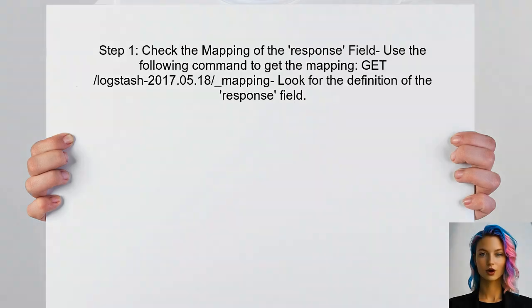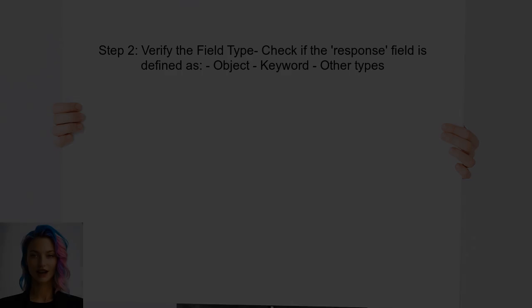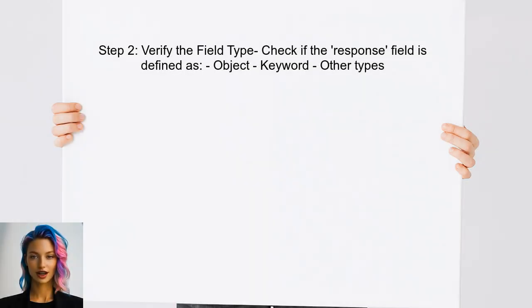To address the user's issue, we first need to check the mapping of the response field in Elasticsearch. The user should access the index mapping to see how the response field is defined. Next, the user should verify if the response field is defined as an object or a different type. If it is defined as an object, this could be causing the merge error.